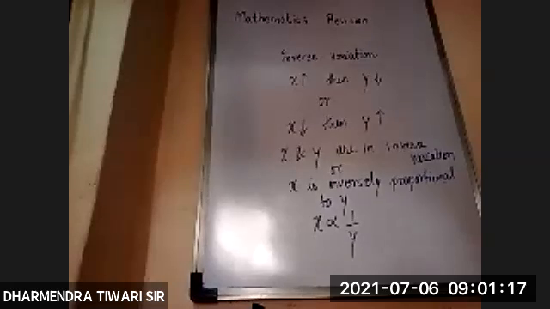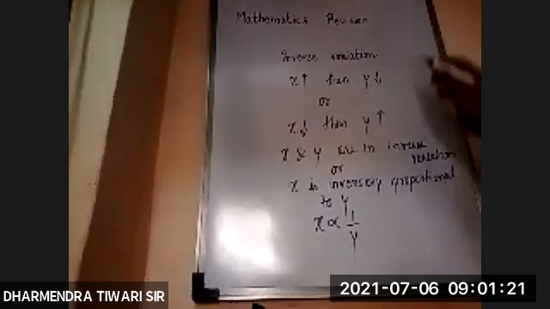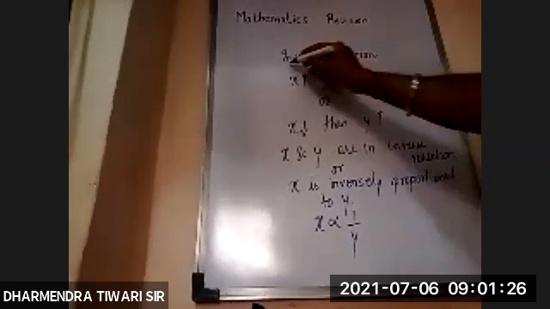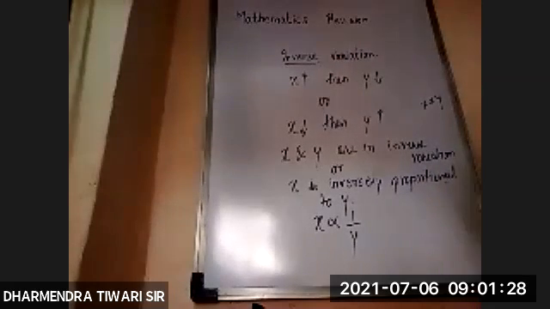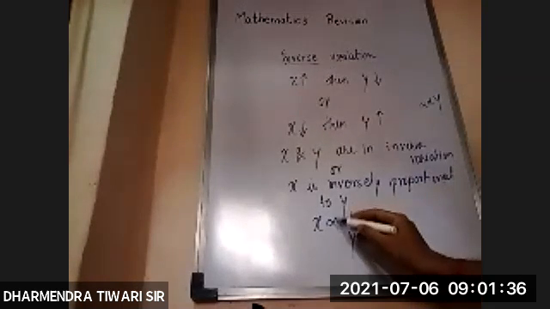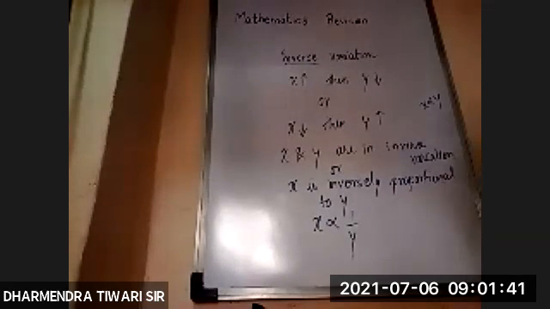In yesterday's lecture, when we were doing direct variation, we wrote x alpha y. So here, in inverse variation, we write x alpha 1 upon y. See the difference?